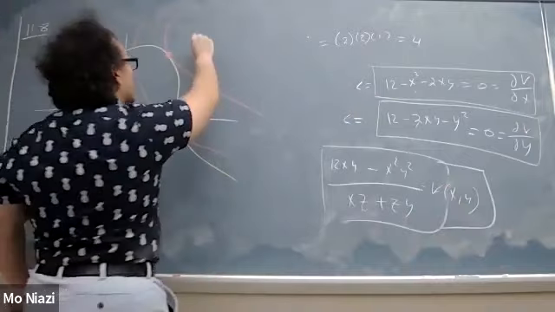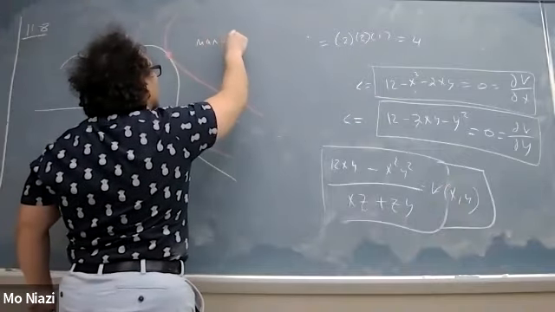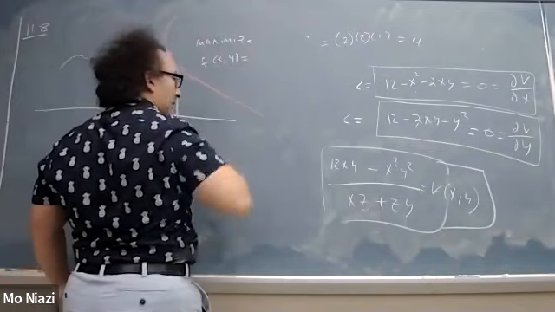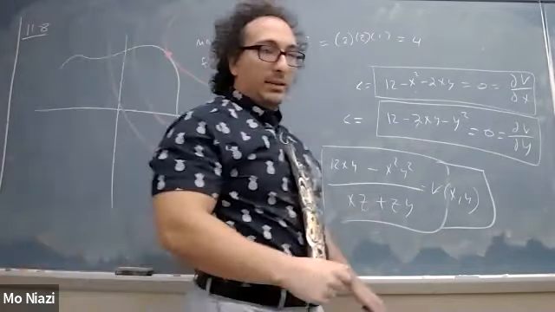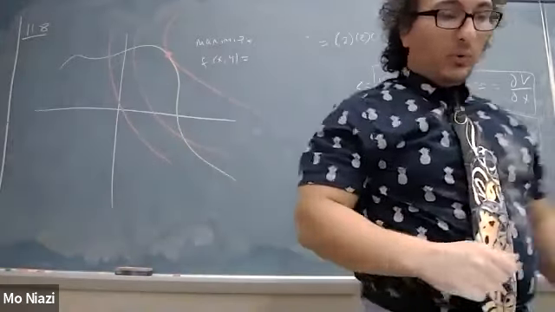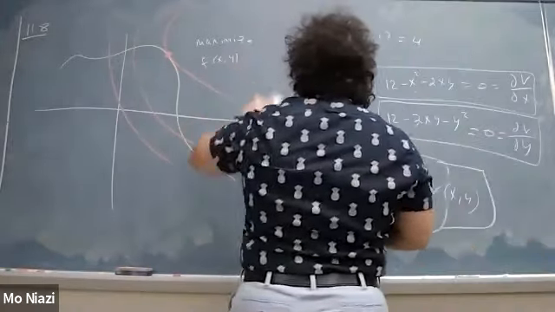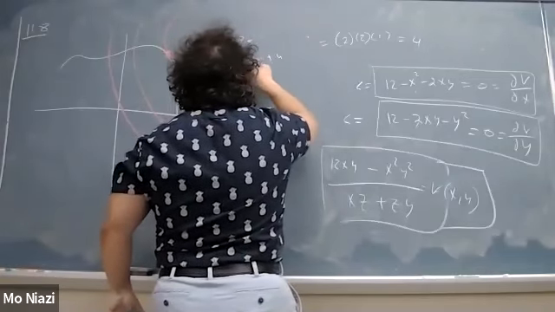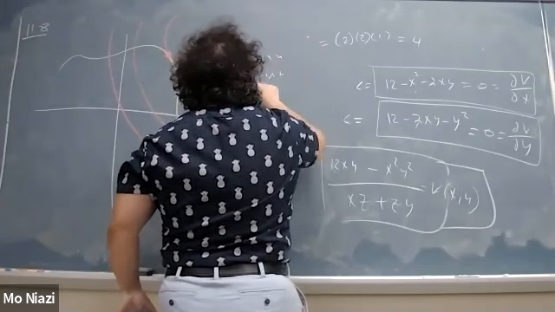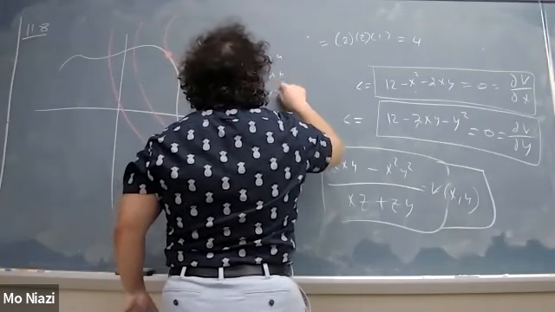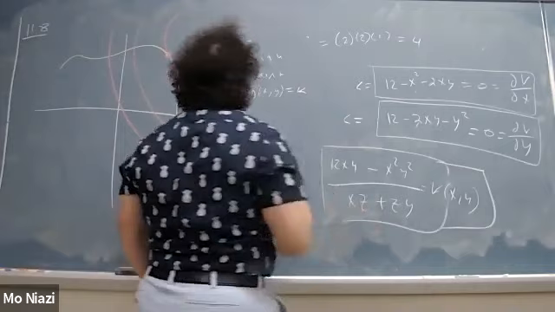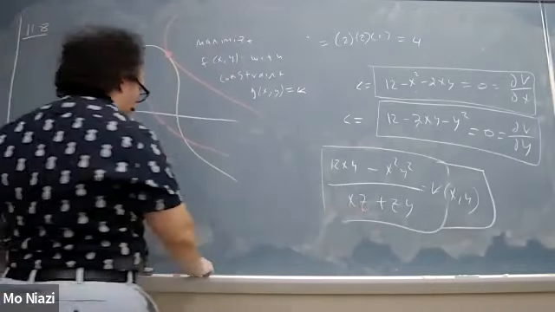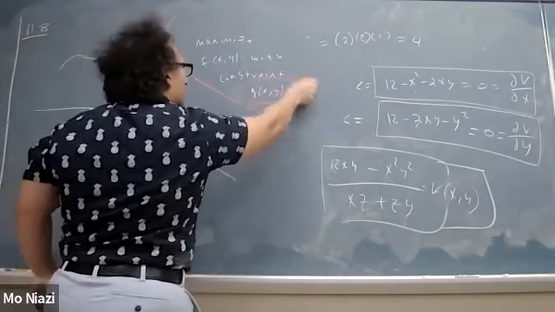Let's say we want to maximize some f of x y with the constraint g of x y is equal to k. So our constraint really is the red, the level curves, if you will.